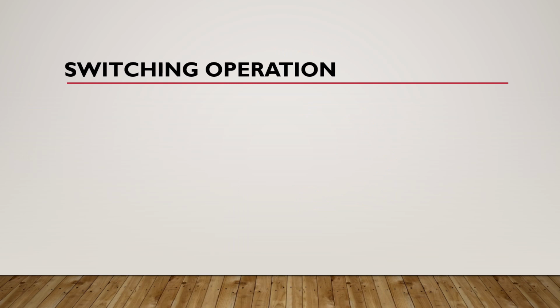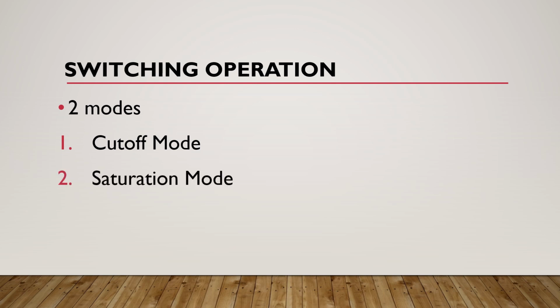Now we will understand switching operation of transistors. Transistors act as a switch in two modes. First is cutoff mode and second is saturation mode. In cutoff mode, both emitter base junction and collector base junction are reverse biased, whereas in saturation mode both emitter base junction and collector base junction are forward biased.